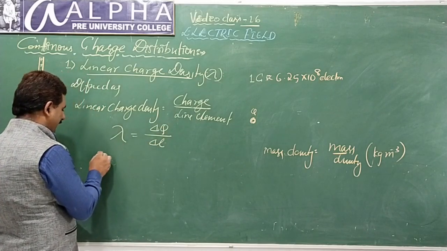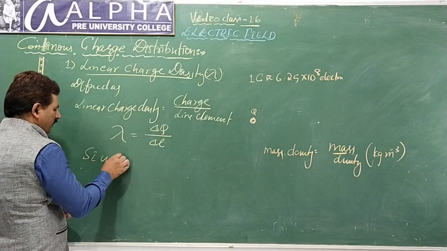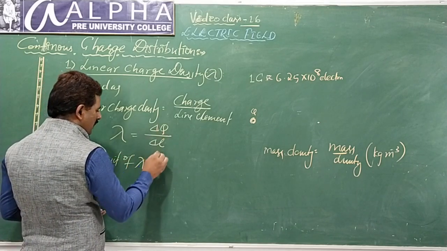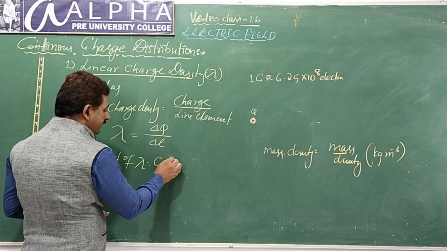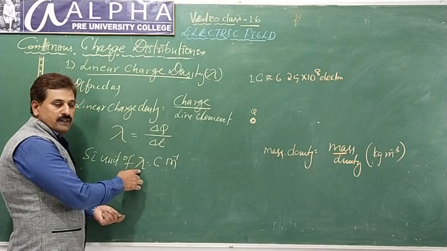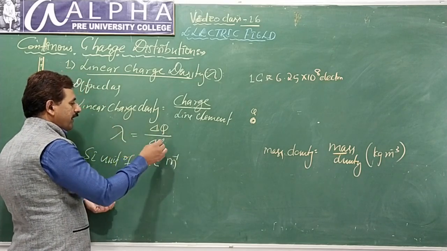Once you define it like this, what is the SI unit? SI unit of lambda is equal to charge, coulomb, and length, meter. Length is the denominator, that's why coulomb per meter. What is the advantage of defining a term like this?